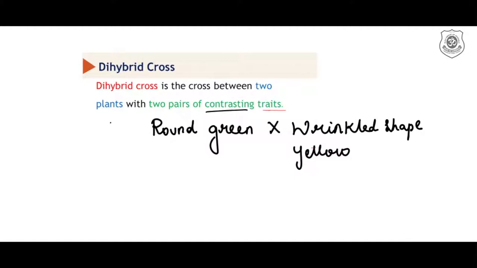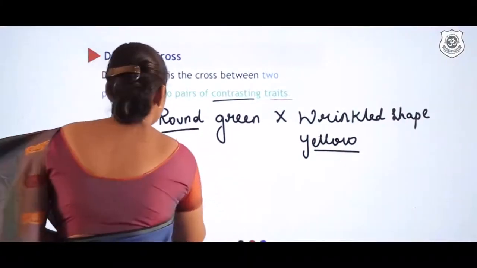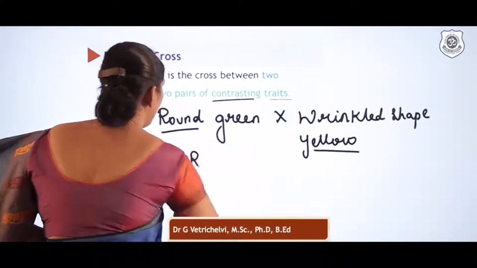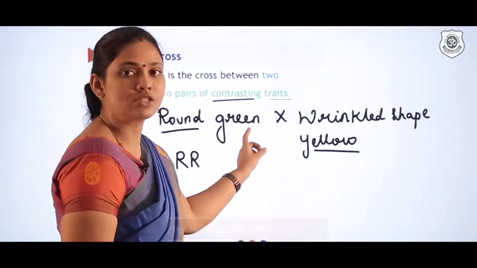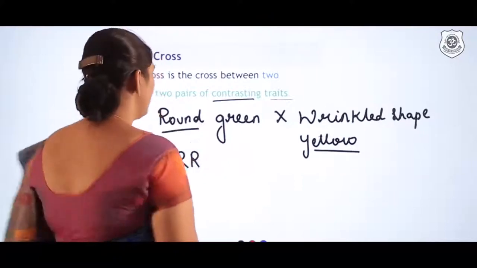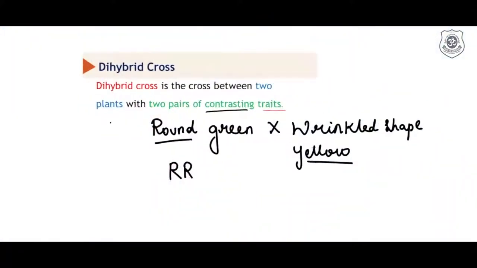As per Mendelian dominance, the round and yellow are considered as the dominant characteristics. Could you just tell me the genotype now, children? Yes, round, capital R, capital R. I told you green is not dominant, so it should be denoted with small letters. Since yellow is the dominant color, we put the small letter for green: small y, small y.